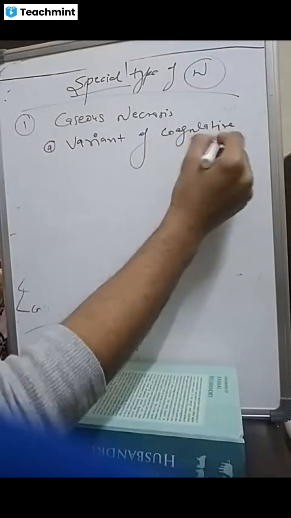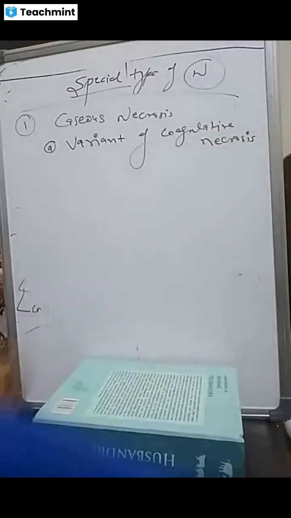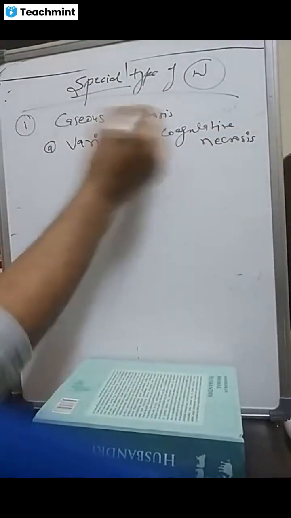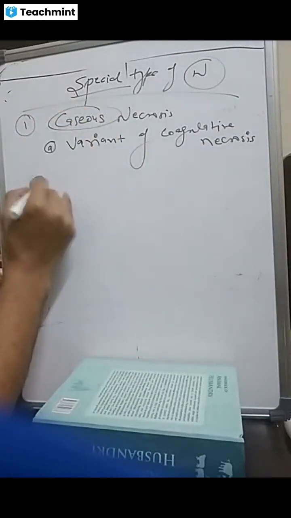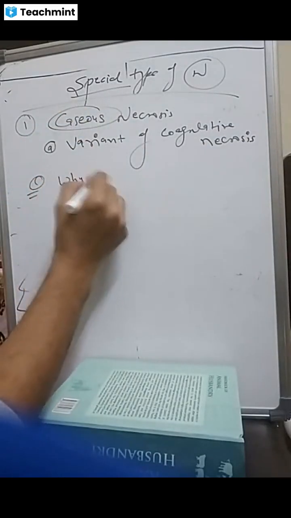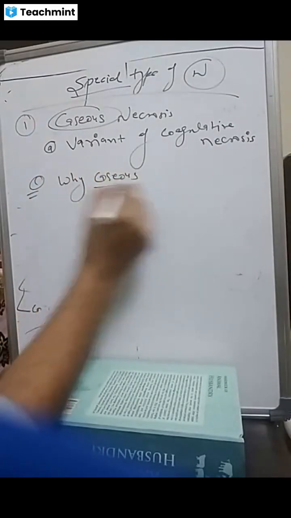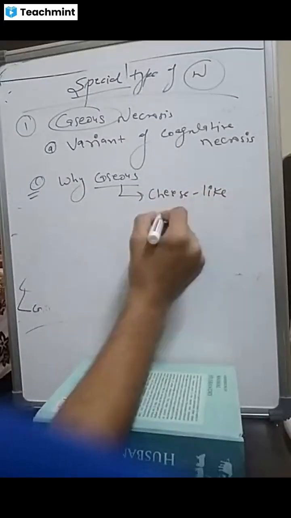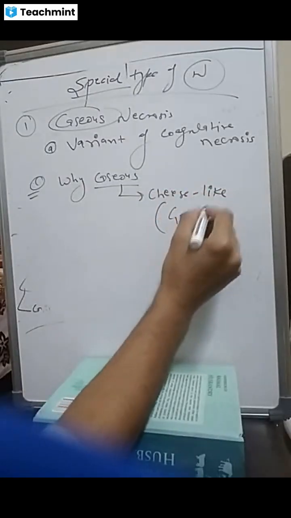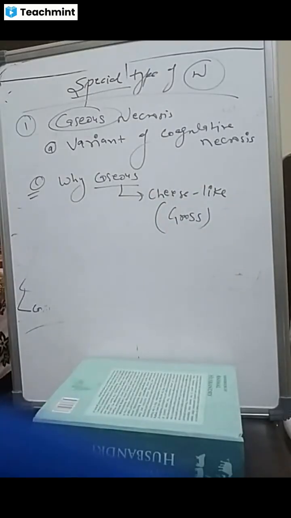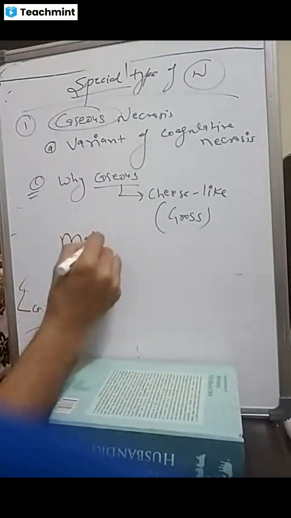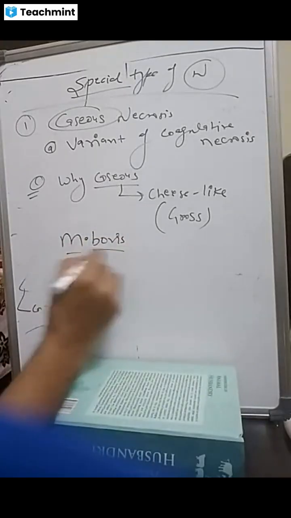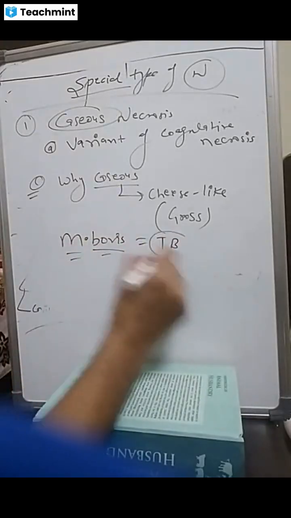The question is, why the term caseous? Caseous means cheese-like, cheese-like on gross appearance. It is seen in Mycobacterium bovis, tuberculosis of the bovine.